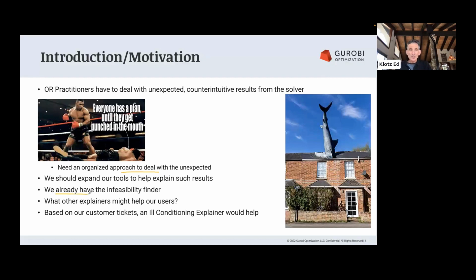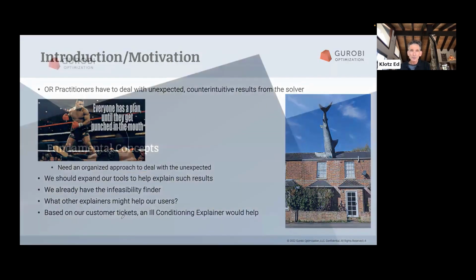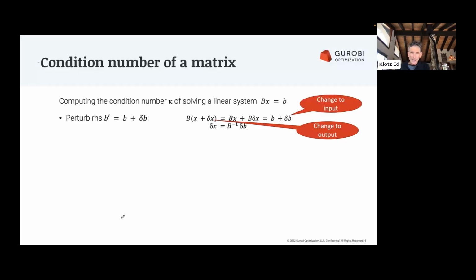Gurobi already has an infeasibility finder that is good at explaining unexpected infeasibilities in the model. But what other explainers might help our customers? Well, based on our customer tickets, a tool to explain ill conditioning could be helpful as well. So that's the background. Let's now focus on some fundamentals that we can use to create such a tool.